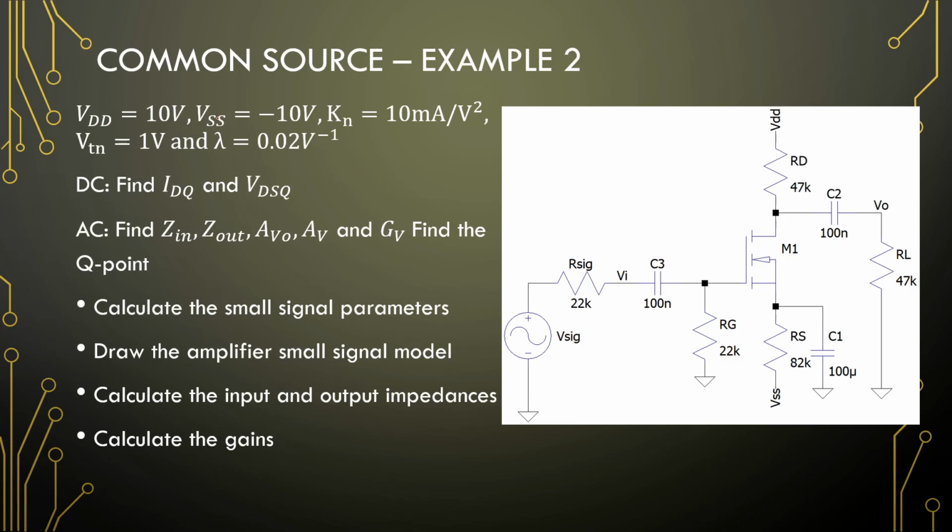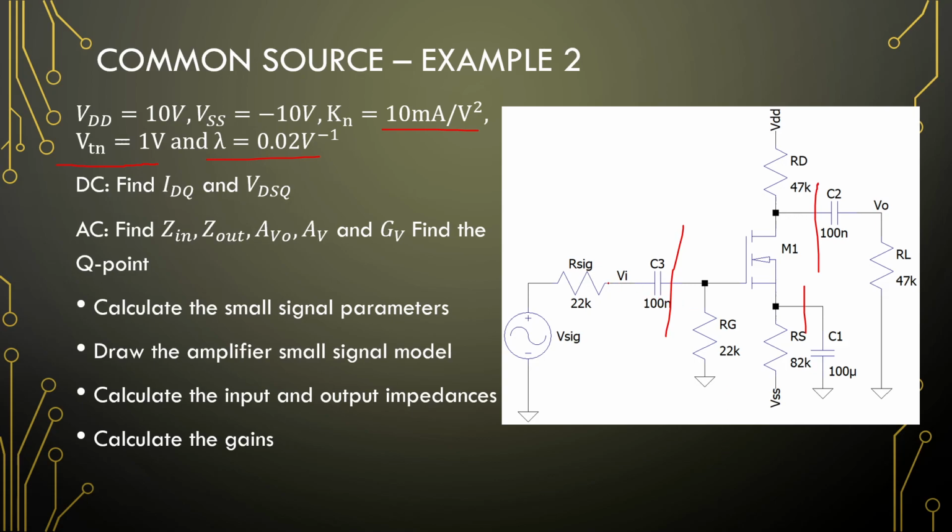Okay, so we have VDD, VSS is plus minus 10 volts, a transconductance of 10 milliamperes per volt, 1 volt threshold voltage, and 0.02 channel length modulation. Right, so for DC analysis, that half of a circuit falls away, that half of a circuit falls away, and this here resistor will be visible.